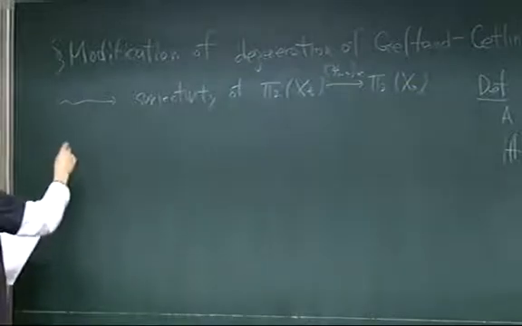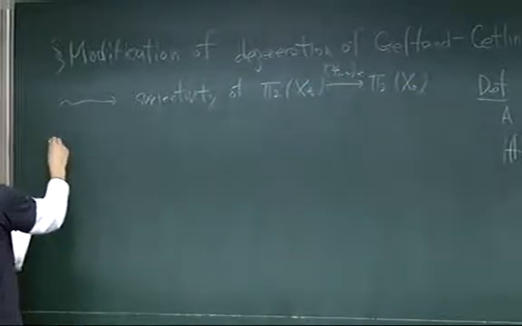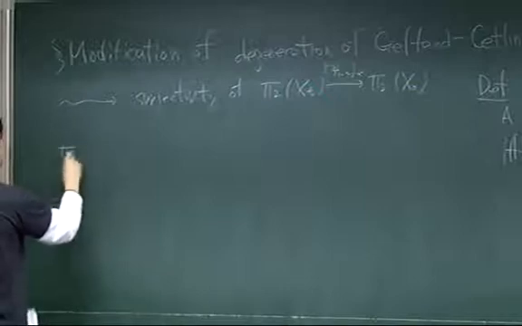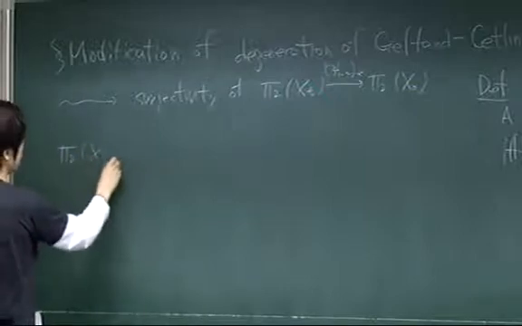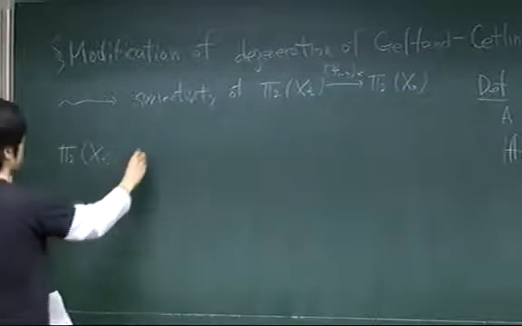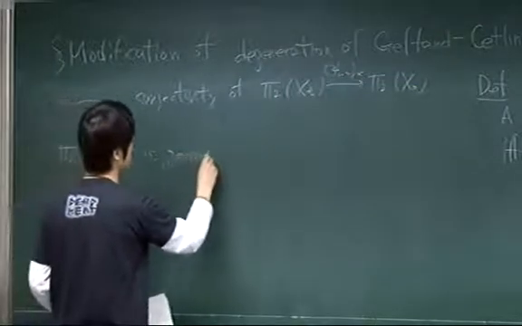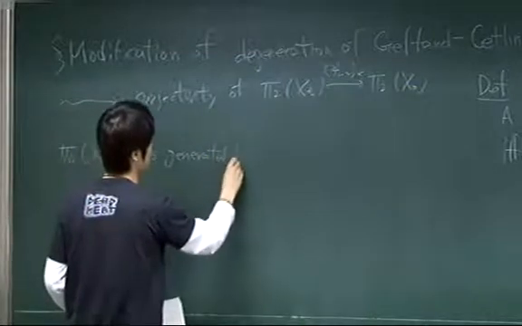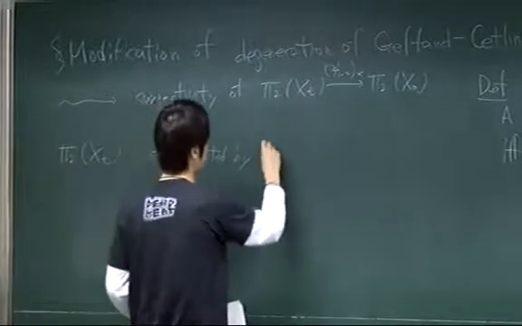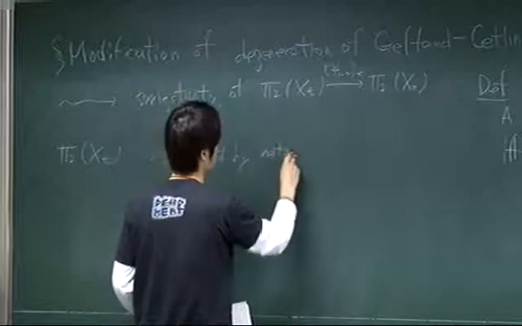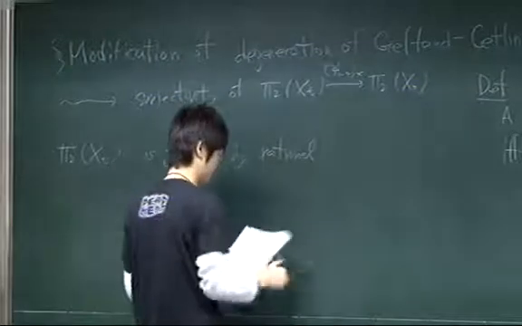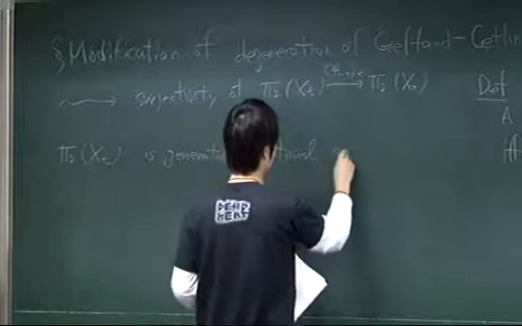We are going to prove this, and on the other hand, pi 2 of xt, this was a flag manifold, is generated by holomorphic spheres, rational curves, sorry.